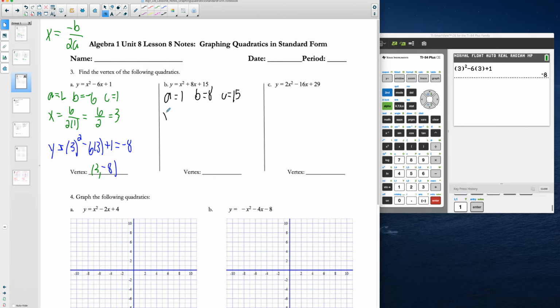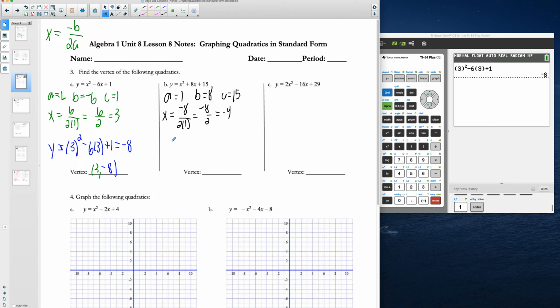So x equals, once again, the opposite of B. So if B is positive, it's going to be a negative B. So we have negative 8 divided by 2 times A, and that gives us negative 8 divided by 2, which gives us negative 4.